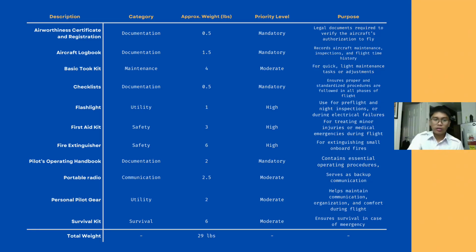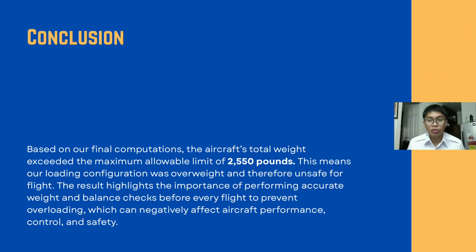So in conclusion, based on our final computations, the aircraft total weight exceeded the maximum allowable limit of 2,550 pounds. This means our loading configuration was overweight and therefore unsafe for flight. The results highlight the importance of performing accurate weight and balance checks before every flight to prevent overloading, which can negatively affect aircraft performance, control, and safety.